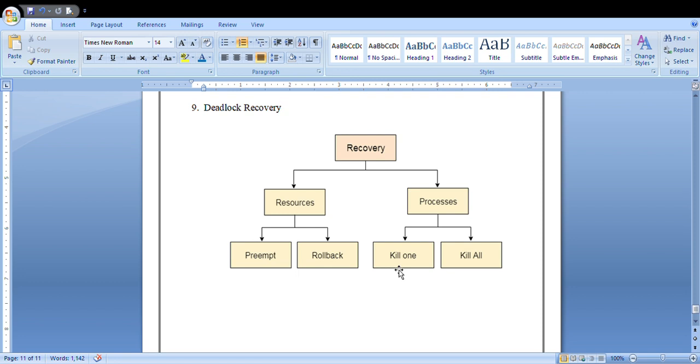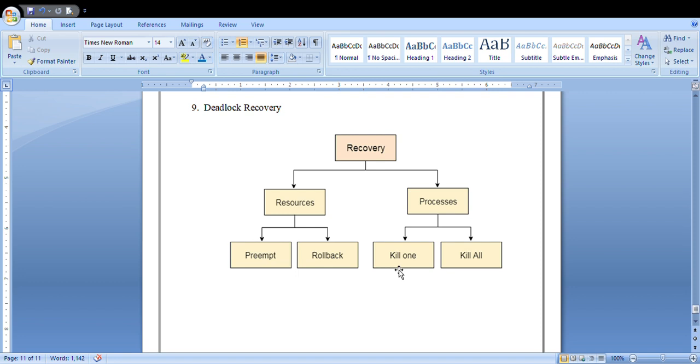What do you mean by preempt method? In your resources, if you want to preempt the resource for recovering the deadlock condition, before preempting any of the resources allocated to the different processes, you have to check a few conditions. What are all the conditions?